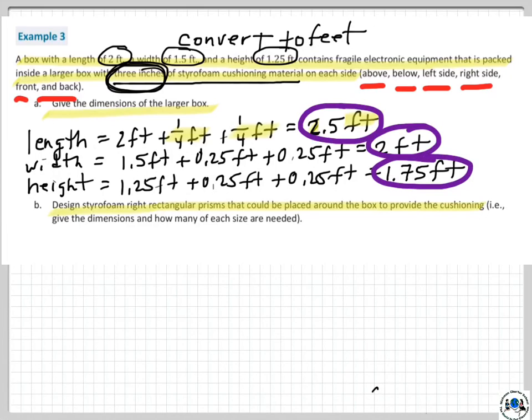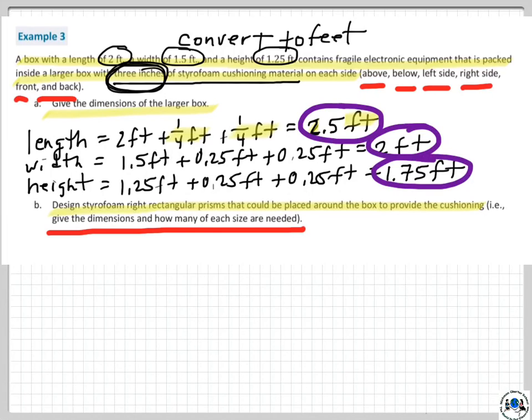The next question, part B, says: design styrofoam right rectangular prisms that could be placed around the box to provide the cushioning. Give the dimensions and how many of each size are needed.